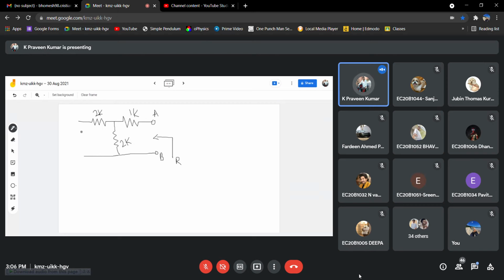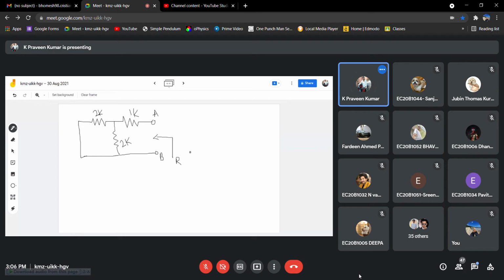Then what about the voltage source, sir? This voltage source is replaced with its internal resistance, as we have already seen in the superposition theorem. Since the voltage source is ideal, internal resistance is 0, so we replace it with a short circuit. If it is a current source, that will be open circuit.